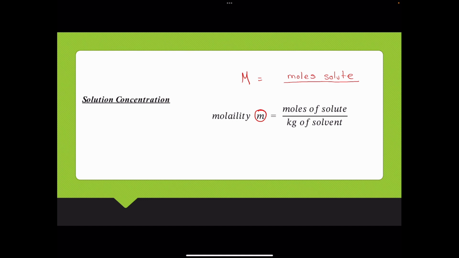It's moles of solute per kilogram, so first of all we have mass, and it's not the entire mixture, it's just relevant to the solvent. So it's moles of solute per kilogram of solvent.